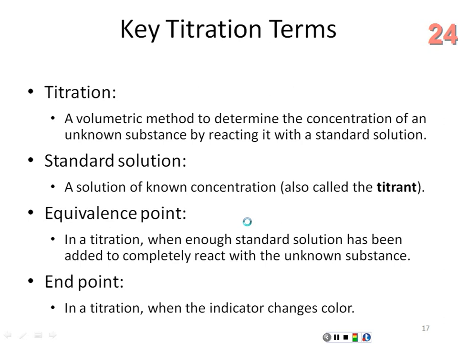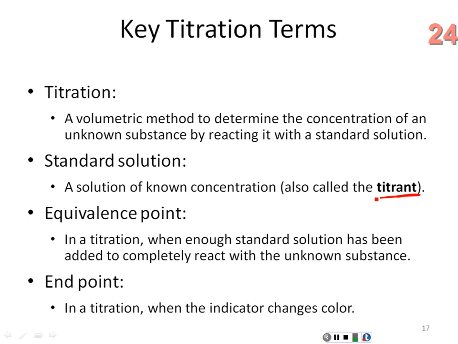So a titration is a volumetric way to determine the concentration of an unknown substance. And in this case, we're going to be talking about acids or bases. What you do is you use a standard solution. So you have a standard of known concentration. This is called the titrant.